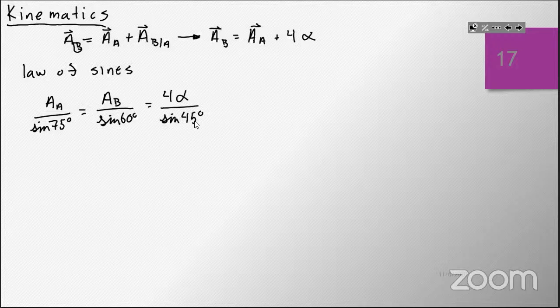I know all these in terms of alpha, so I can solve this. AA is going to be 5.46 alpha, and AB is equal to 4.9 alpha.